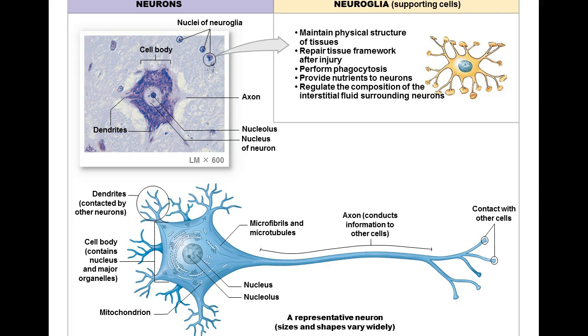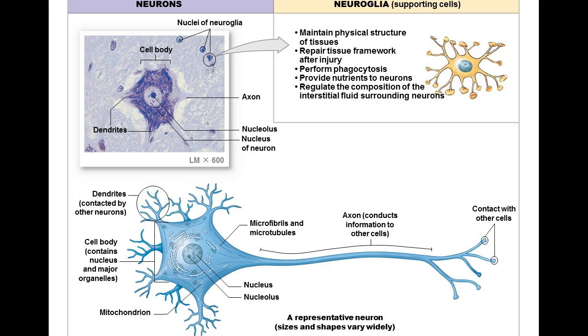And then with neuroglia, the supporting cells, there are multiple supporting cells in the nervous system. What they do is maintain the structure of that particular portion, whether that be a nerve or the spinal column or the brain, repair tissue that can be repaired, or fill in spaces if the tissue can't be repaired.